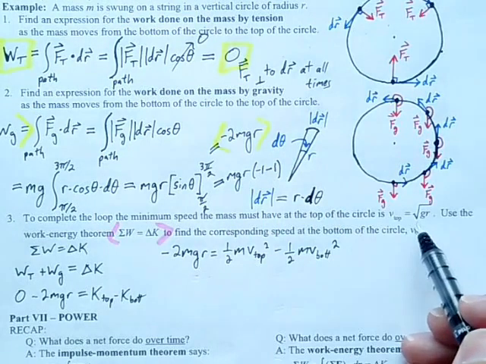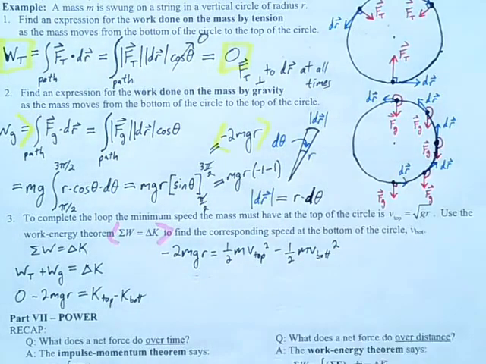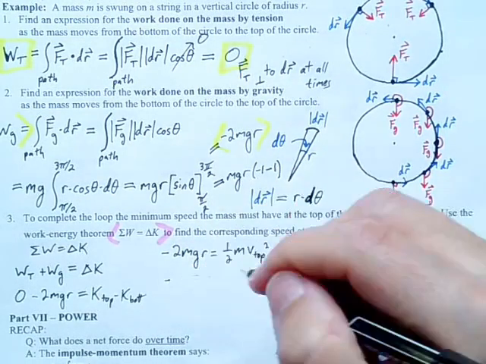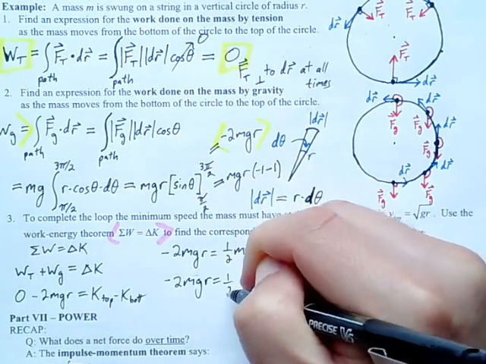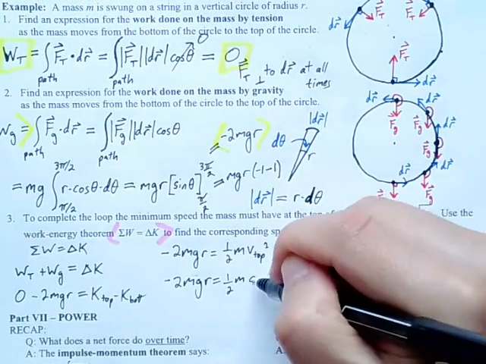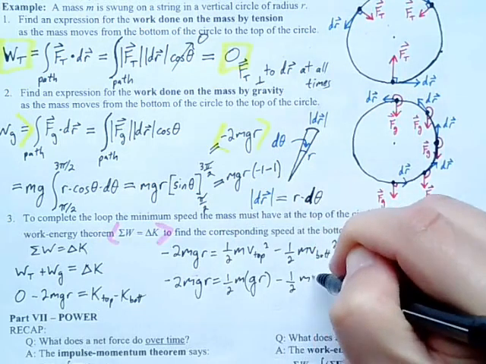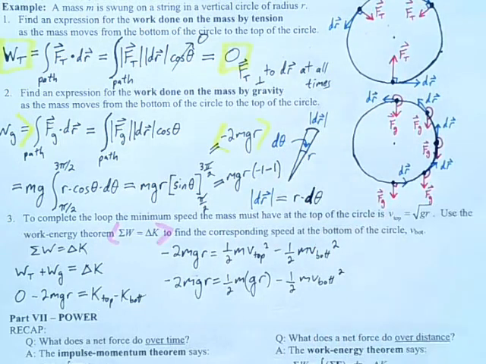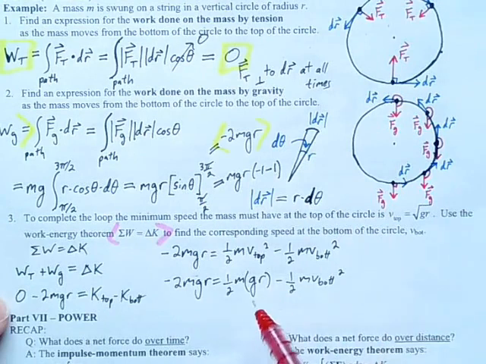And so we want the top speed to be this. We want the mass to be going at least that speed at the top, so sub in root gr for v top. Negative 2mgr equals 1/2 m times gr, since the square root of gr squared gives us gr, minus 1/2 m v bottom squared. Okay, I see that I've got an m and a 1/2 that I could factor out from the right-hand side.